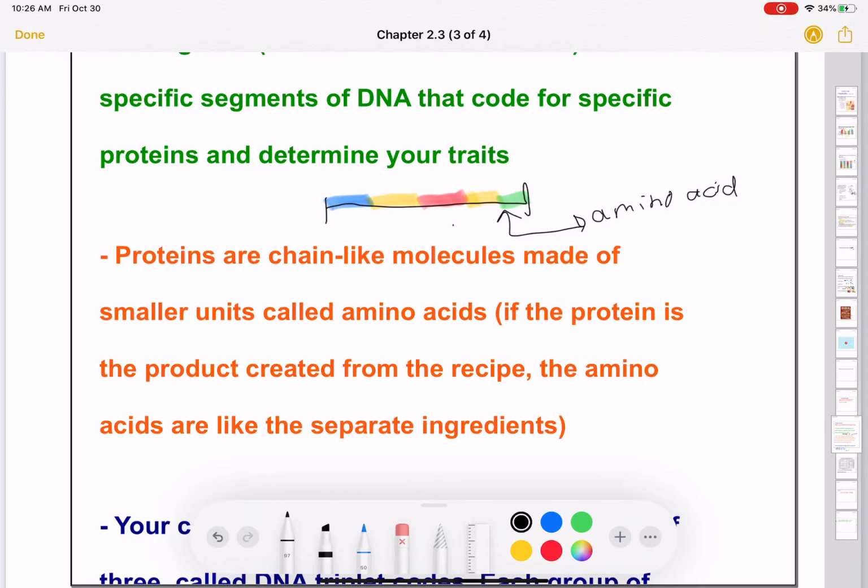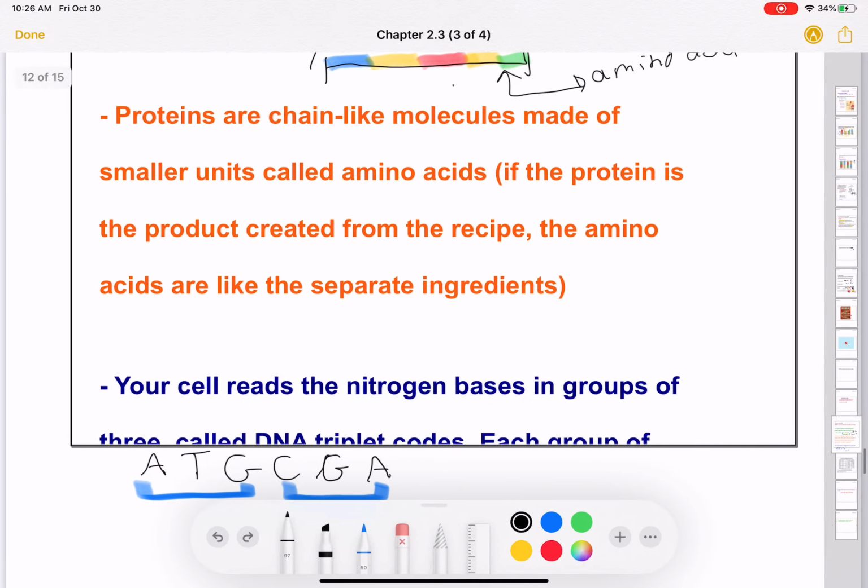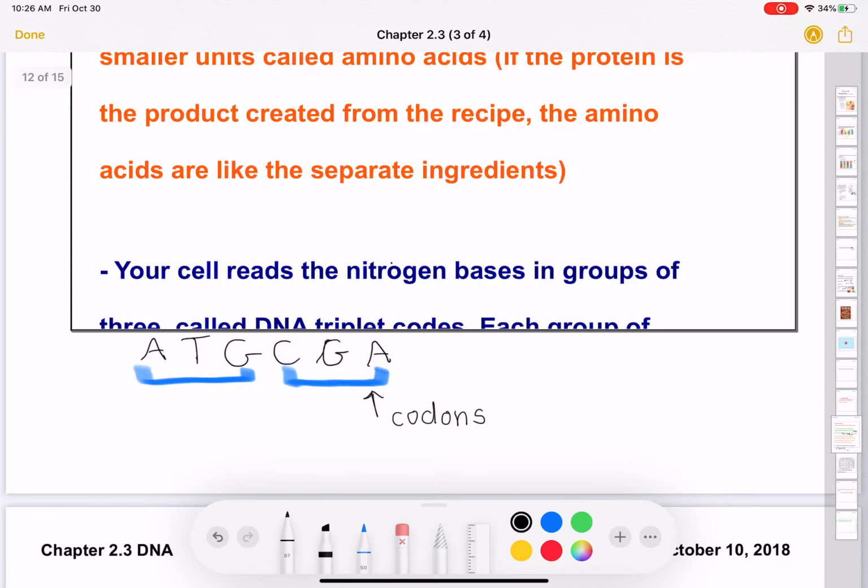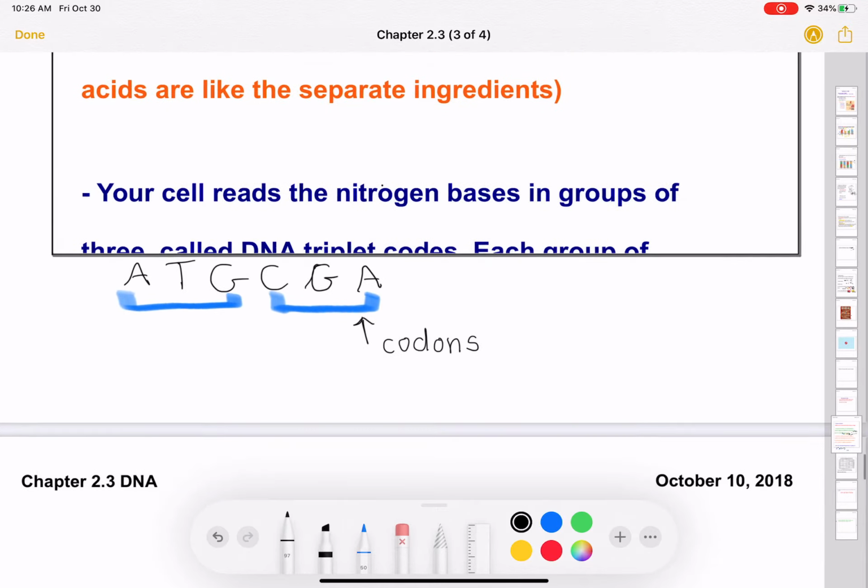So each little piece, amino acid, the whole thing is the protein. Okay? So proteins are chain-like molecules made up of amino acids. And the recipe is the whole protein, and the amino acids are the ingredients, okay?